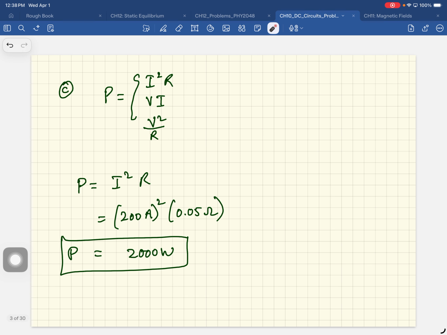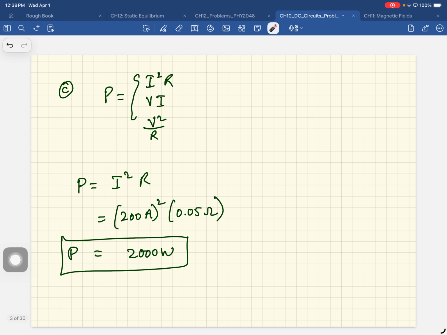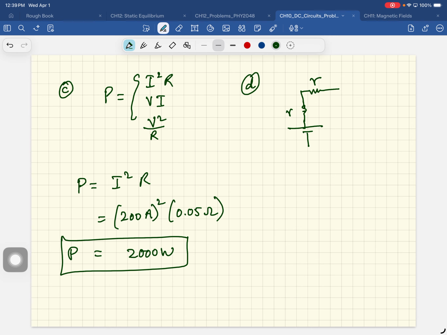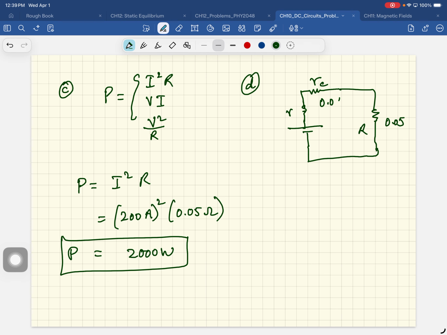So let's draw another diagram, part D. Here is the battery, here is the internal resistance, here is the corrosion, and here is the motor. That's 0.05 ohms. The corrosion adds 0.09 ohms, and this is 0.01 ohms.